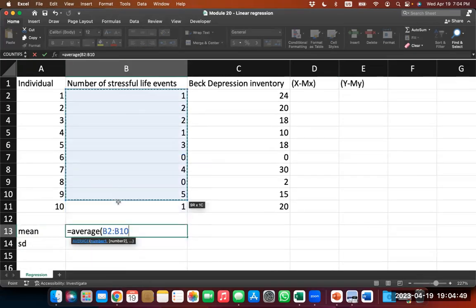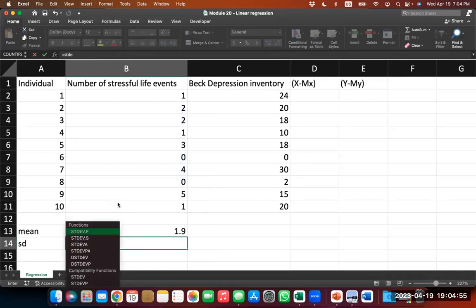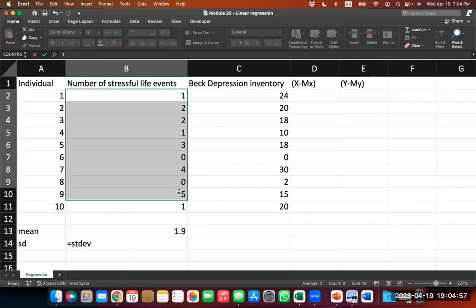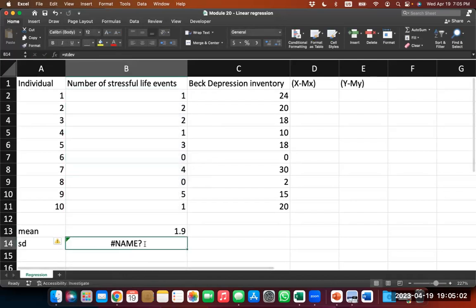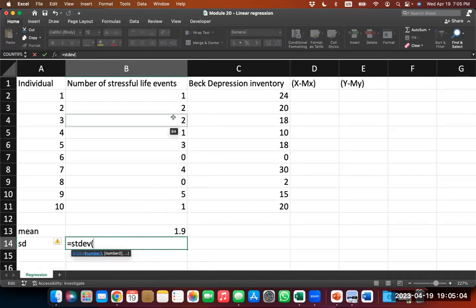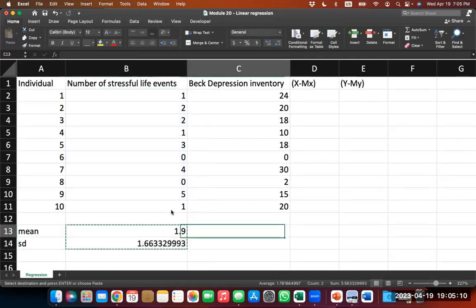We have an average of these 10 people, and we have the standard deviation of these 10 people. So we see already quite some deviation in terms of the life events, and we see quite some deviation also in the BDI.